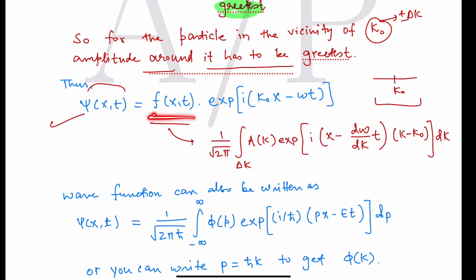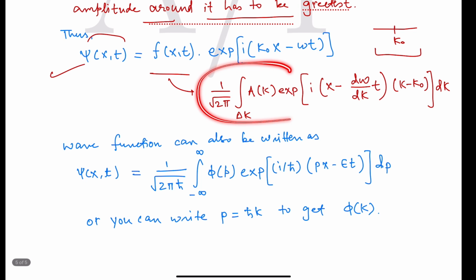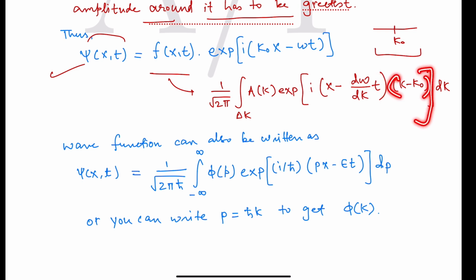In that way we could write that the wave function will be given by f(x,t) times exp of i(k naught x minus omega t). And this function f is nothing but 1 by root 2 pi, then the integration within the range of delta k, of A(k) times exp of i(x minus d omega by dk times t), times (k minus k naught) dk.